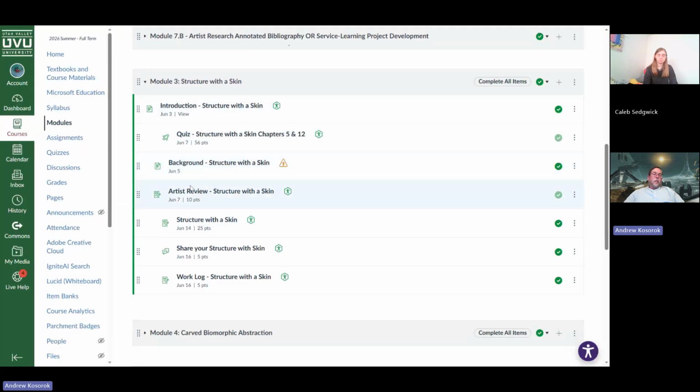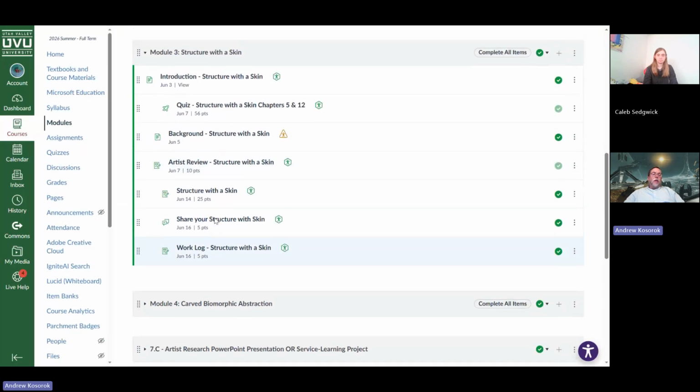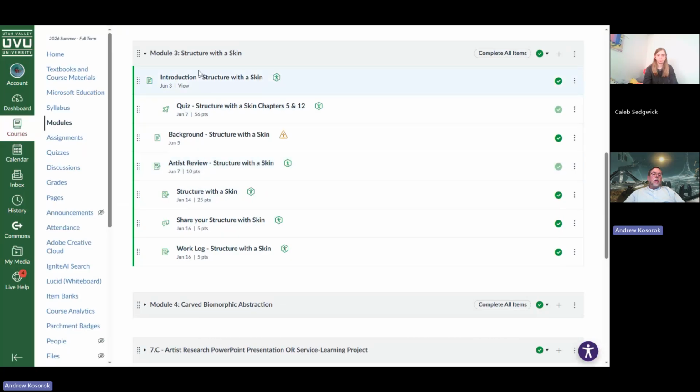I've said that several times, and there's still a couple of people that don't understand that. They'll do an artist review on either artists from the textbook or artists from other modules. The artist review needs to be in relationship to the artists in the background portion of the same module. They are tied together.